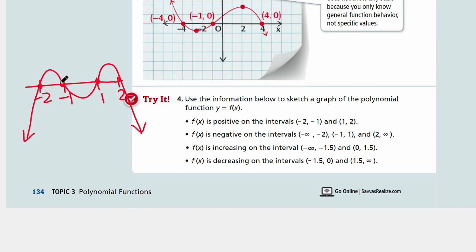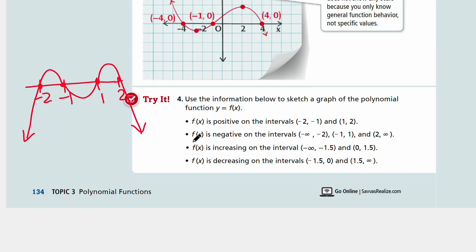So we have already identified the x-intercepts. There are 4 x-intercepts here, right? Negative 2, negative 1, 1, and 2. Those are the things we can know when they tell us about your graph being positive or negative on intervals.